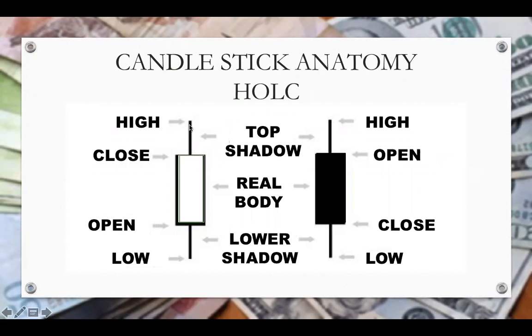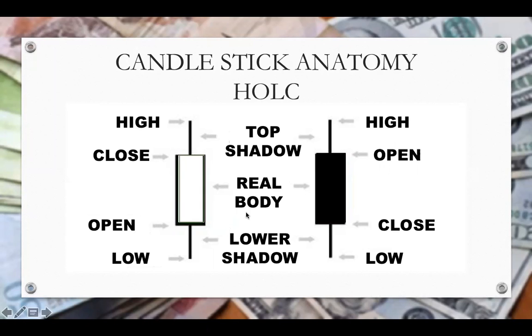Number one, this is the high; the candlestick closes here and opens here. There are different types of candlesticks, and they tell us whether the market is going upwards or downwards. Here you can see the top shadow.